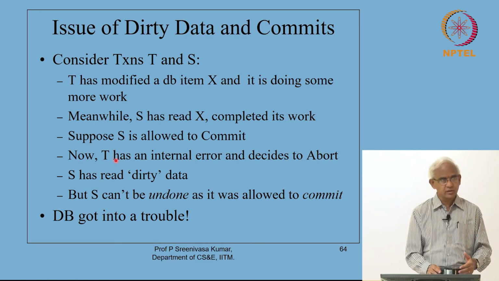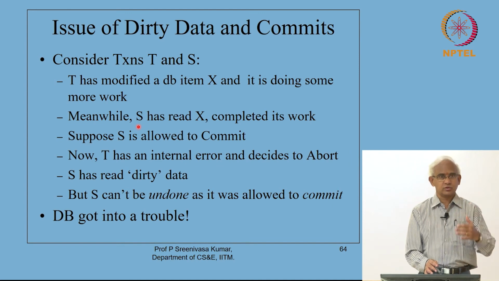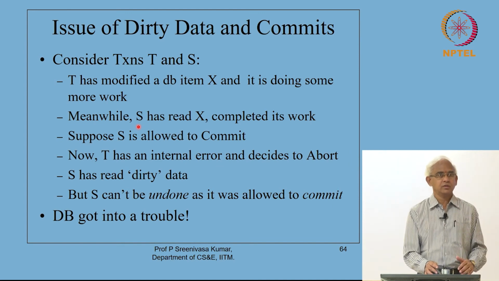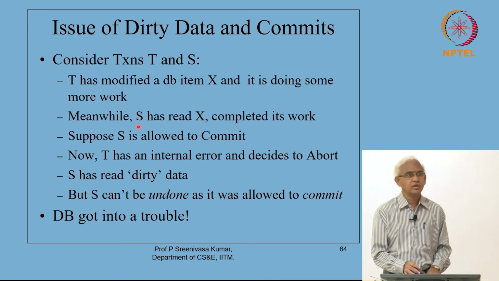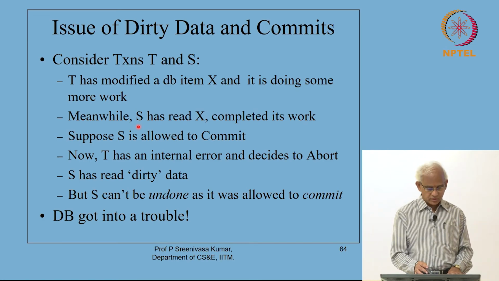If T is getting rolled back, we should make a note somewhere that S has read some item changed by T, and so we should roll that back also. We should stop it and roll it back, saying there is some problem with your transaction, you cannot proceed, we have to undo. That is the proper way of handling this kind of situation.